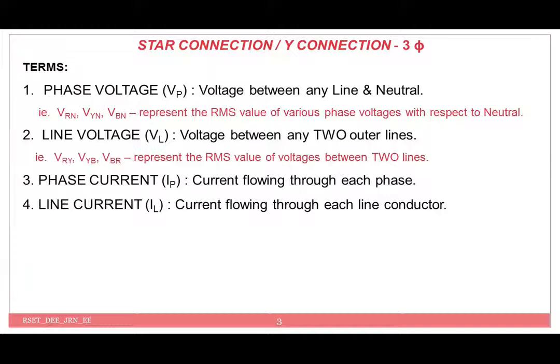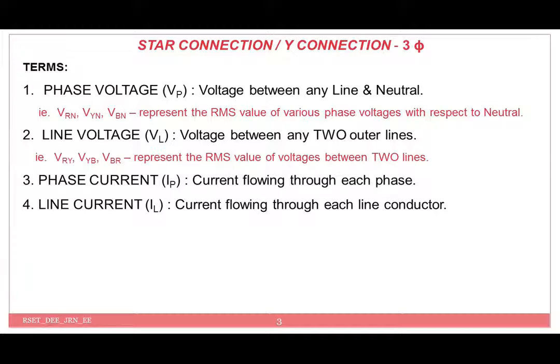Now what is line voltage? Voltage between any 2 line outers. You already had studied 3-phase system in your basic electrical engineering in your first year. So the 3 phases are RYB and we are following RYB phase sequence.